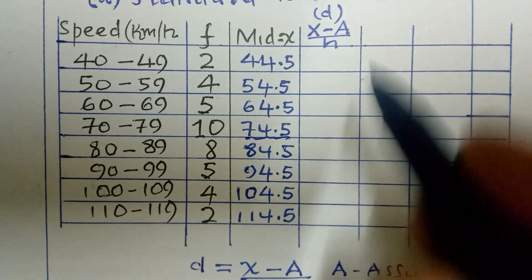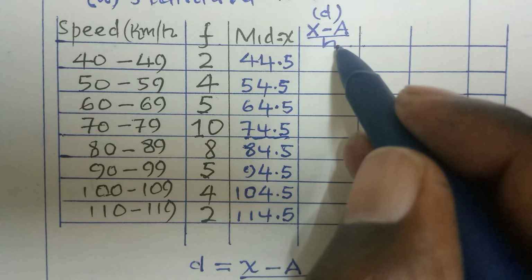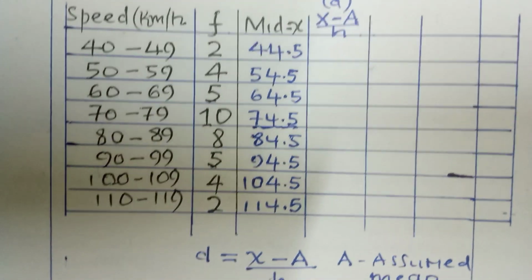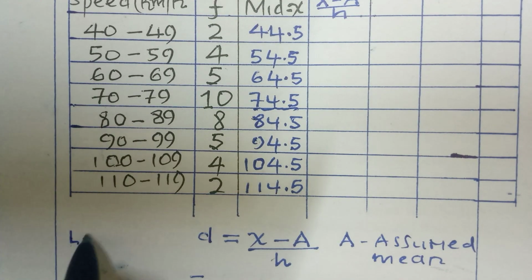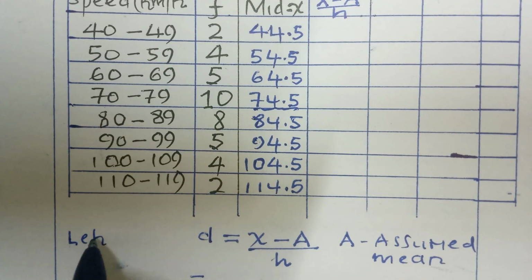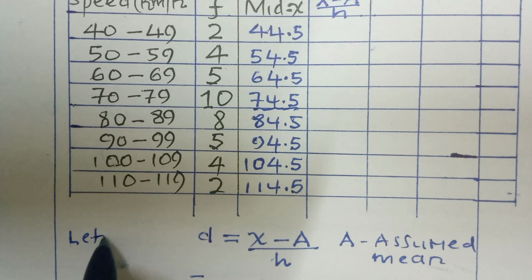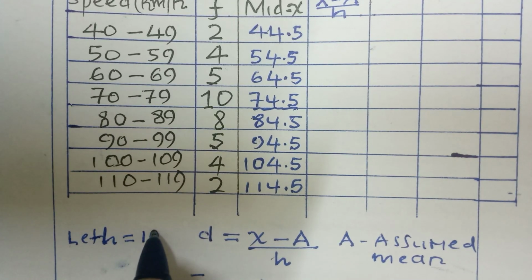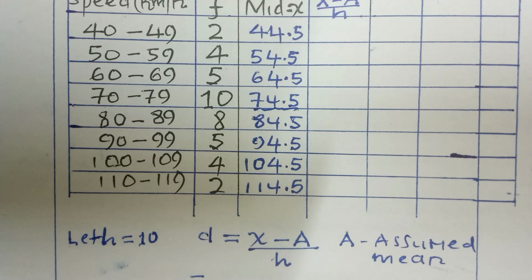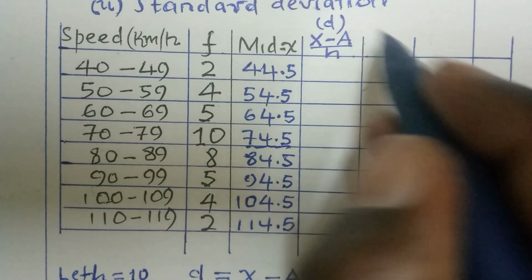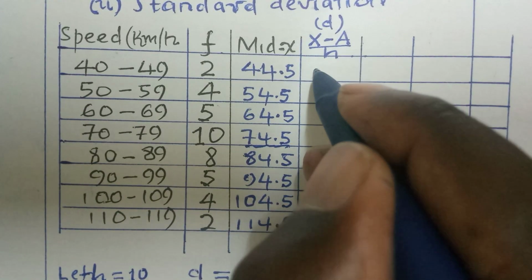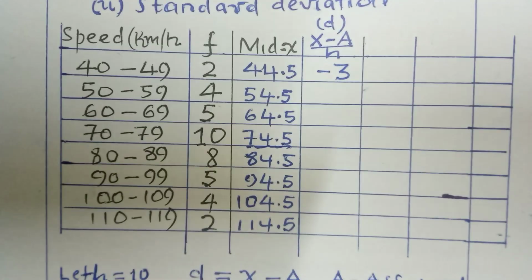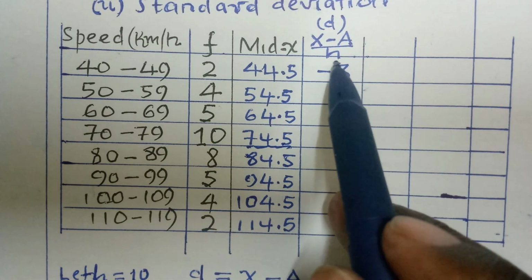And so guys, in introducing H, we can say that let H be equal now to 10. Because guys, I have found out that it is negative 30. So if I say H is 10, this one is going now to be negative 3. So I will be dividing by 10.